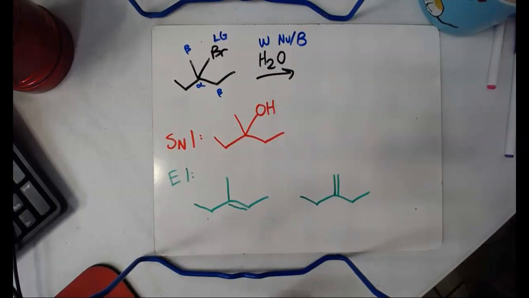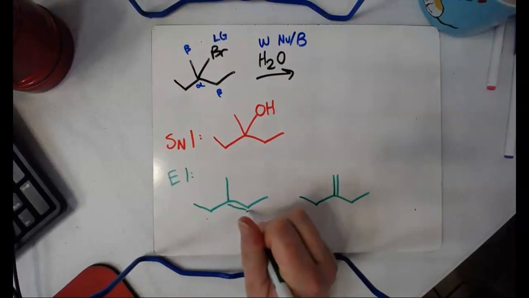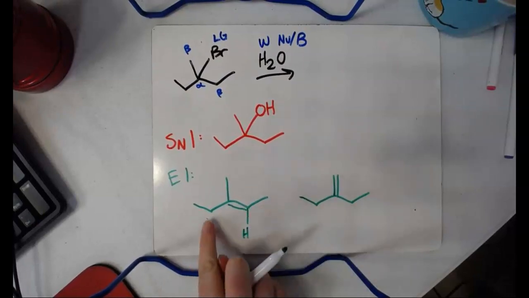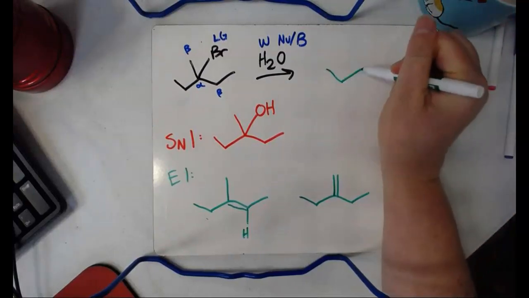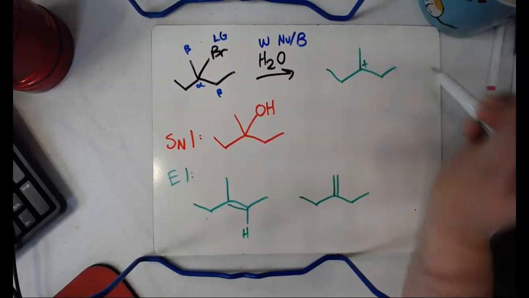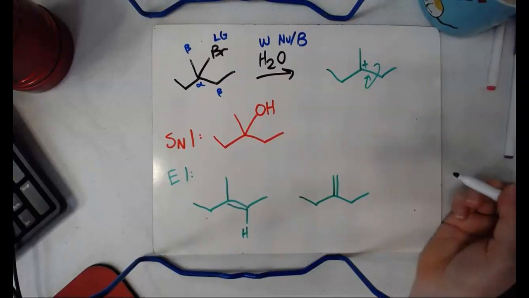Now there's one more product that we can draw. We have to consider stereochemistry. So with this product, I have my 2 methyl groups on the same side, methyl and my hydrogen on the same side. But because my intermediate is a carbocation, this bond has free rotation.